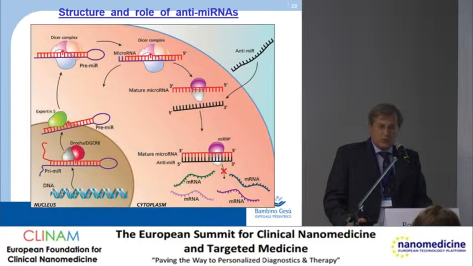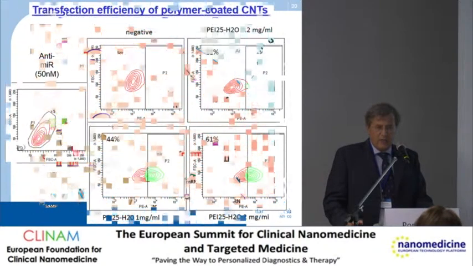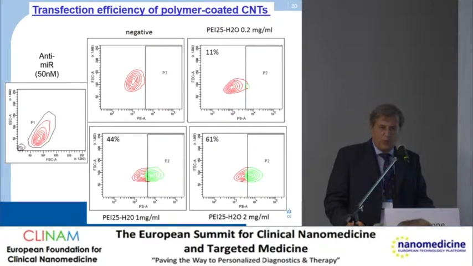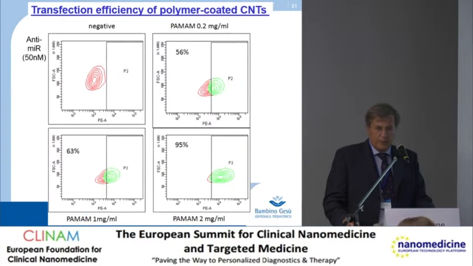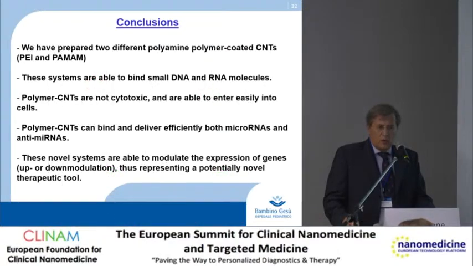We have been able to transfer not only microRNA but also anti-microRNA, even though less efficiently than with RNA, and again more efficiently with PAMAM coating than with PEI coating. So in conclusion, we have prepared two different polymer-coated carrier nanotubes. The systems are able to bind small DNA and RNA molecules.